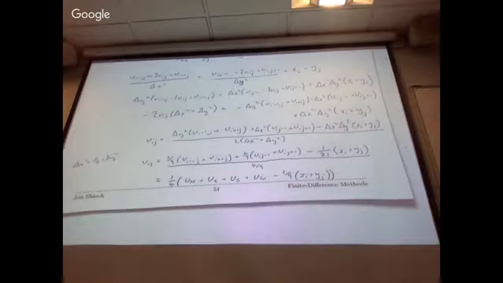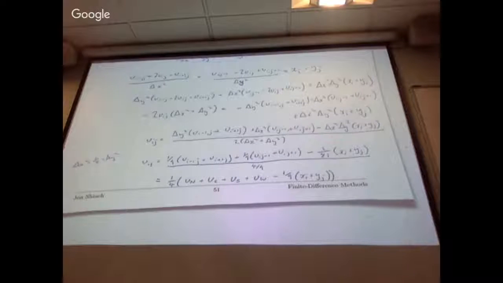And that's our finite difference scheme. Sorry about changing to that compass notation, but I'm just getting bored of writing all i's and j's.